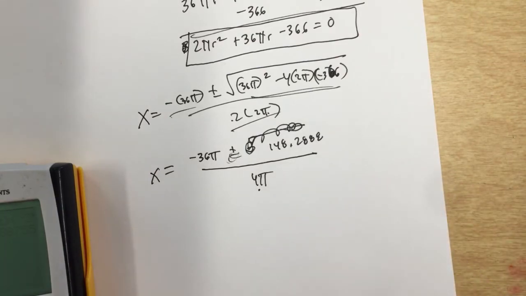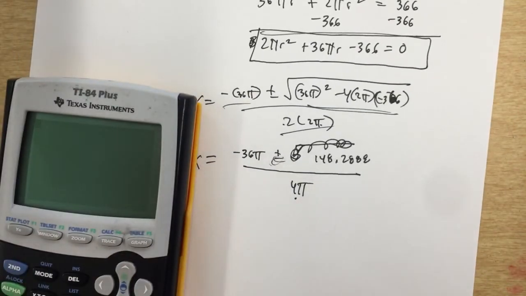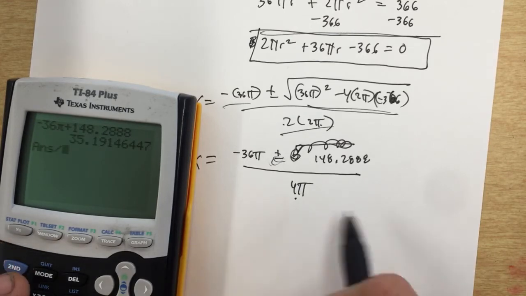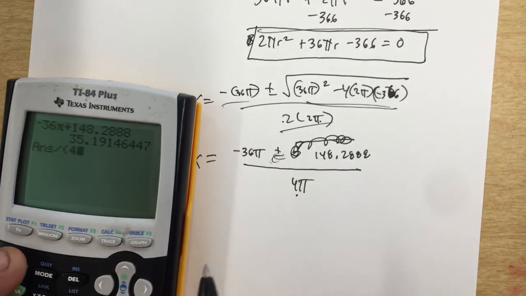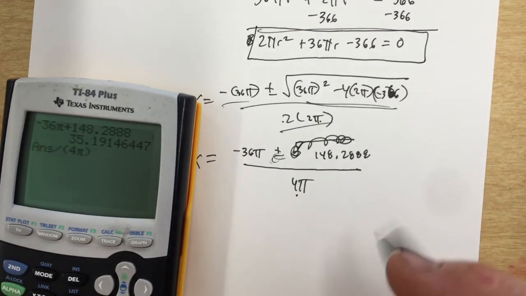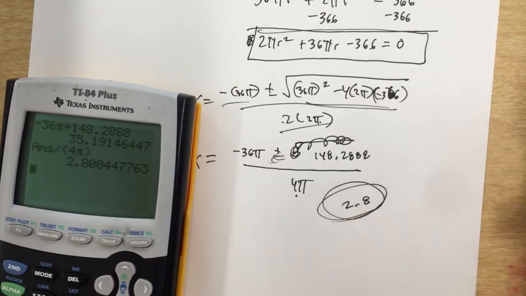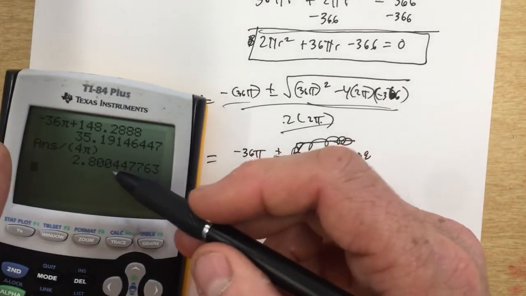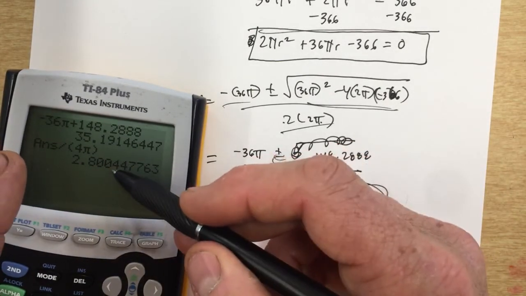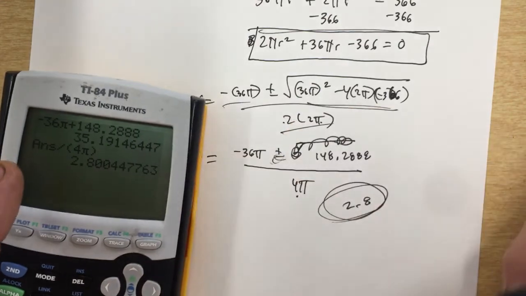But the positive one, I've got negative 36 pi plus 148.2888, hit enter, and then divide by, I gotta put this in parentheses, 4 pi. 2.8. There's an answer. It says round it to 2 places, but that's a 0, and this 0 makes that 0 stay, so 2.8.